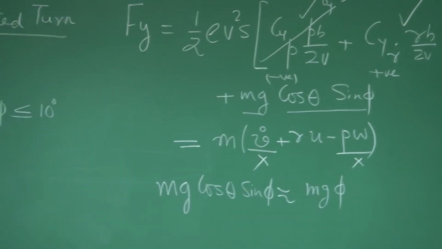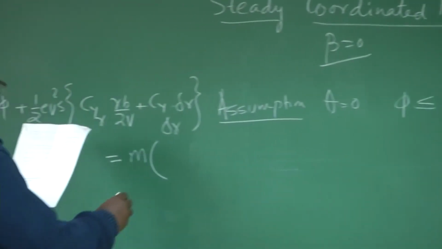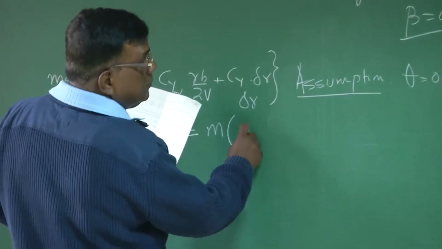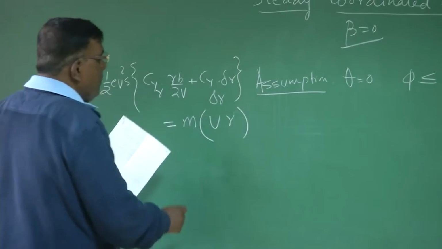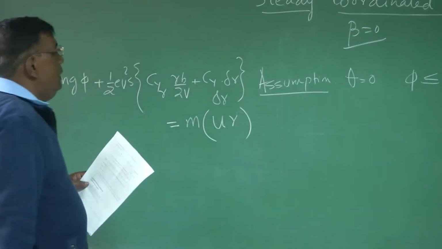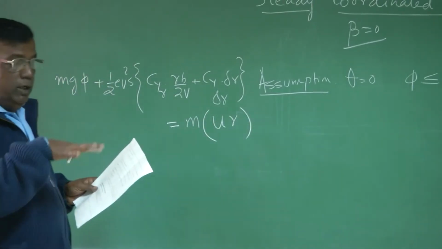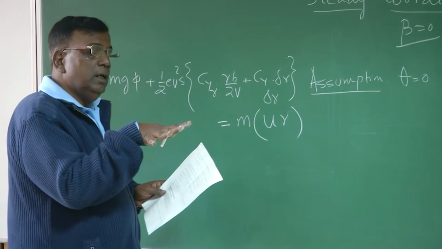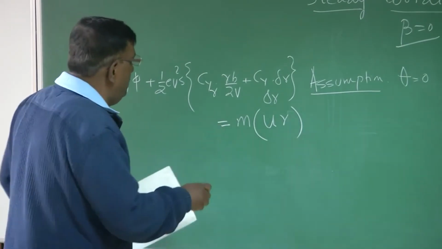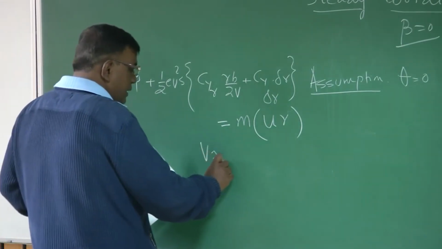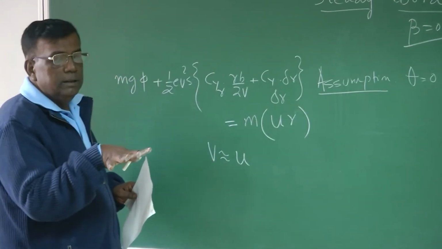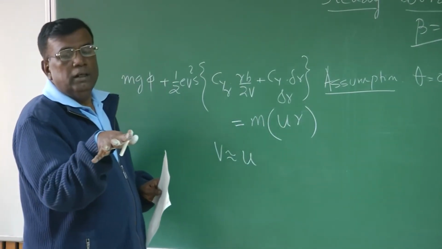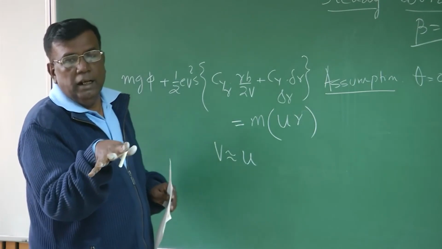So what is remaining now is m u into r, right? And you could easily understand that when I am doing a steady coordinated turn like this, I will not be very much incorrect if I write v equal to u, as I am moving like this, every time aligned to the velocity vector, x-axis aligned.